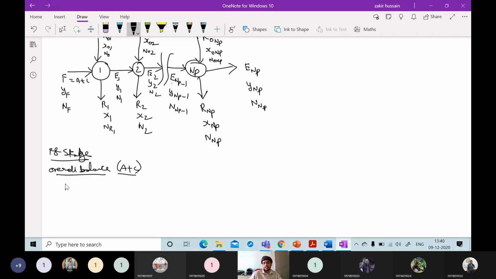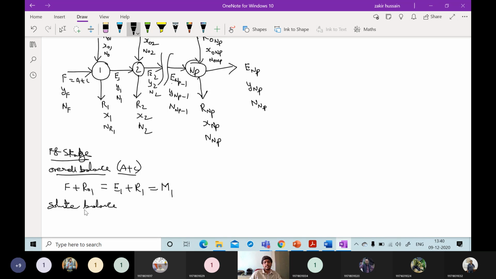So two inputs are there: F plus R naught 1 is equal to two outputs, E1 plus R1. This is for stage 1. Then this we have kept equal to some mixed stage, M1, or equilibrium stage M1. Then the solute balance, or oil balance we can say.